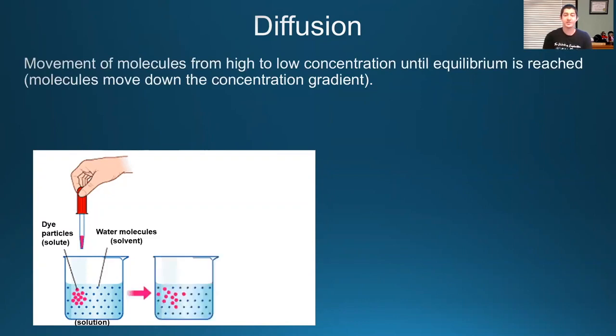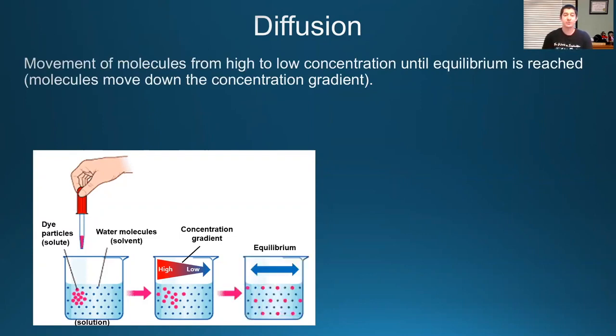And we can see that initially these dye particles start out all bunched up in the same area in a high concentration. And so we have a concentration gradient where one side there's a high concentration and another side there's a low concentration. And so eventually those dye particles will want to disperse throughout that water solution until they're in equilibrium and equally distributed throughout that solution.